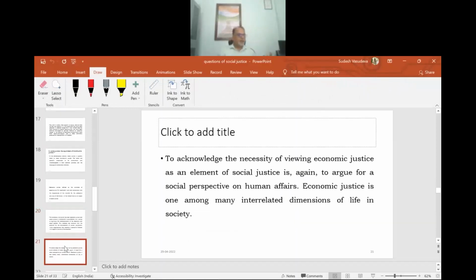Now, in order to acknowledge the necessity of viewing economic justice as an element of social justice, it is important that we concentrate on the social perspective of human affairs. So economic justice is one among many interrelated dimensions of life in society.